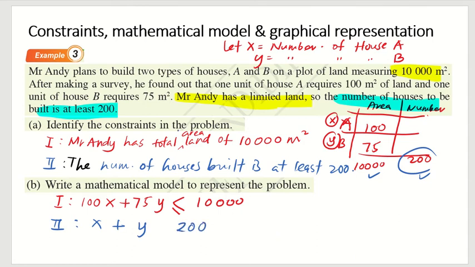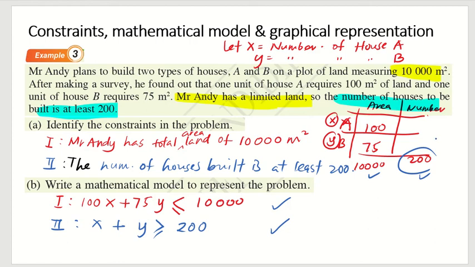He said at least 200. At least, sekurang-kurangnya 200. So it means that it must be more than or equal. So it's more than or equal. So these two constraints, or these two mathematical models or inequalities, are very important. From here you gain the first 2 marks for your question. Then you continue to get another 8 marks. Can? Okay.